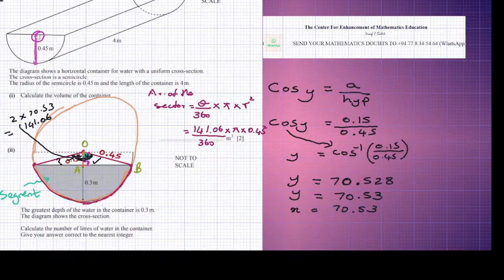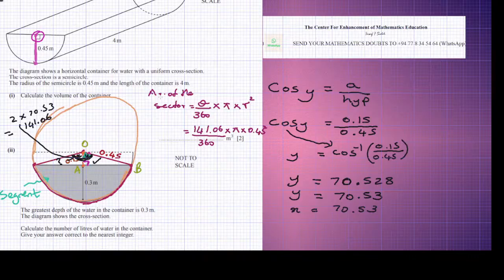Alright, let's type this into the calculator to see what we get. So it is 141.06 over 360, that to be multiplied by pi, and it will be multiplied by 0.45 squared. Let's do the multiplication.